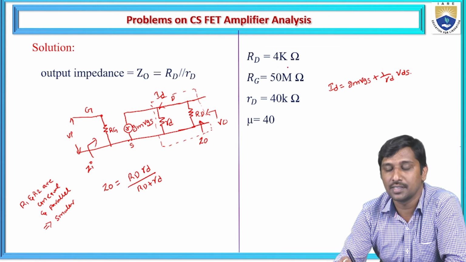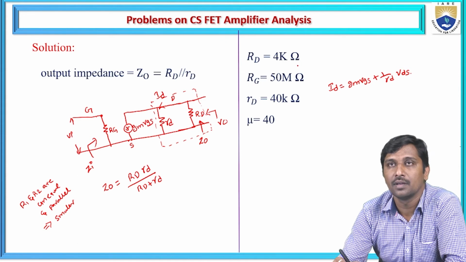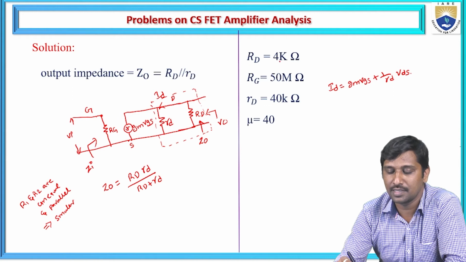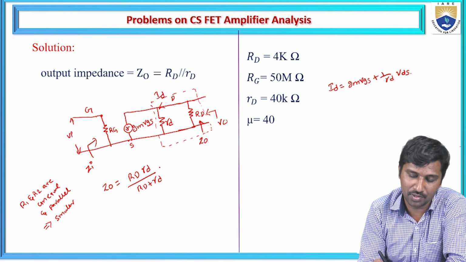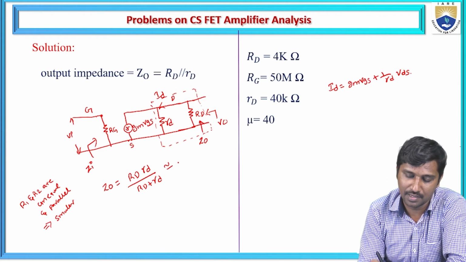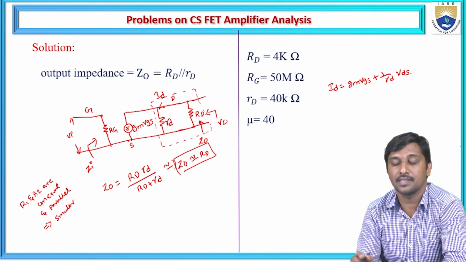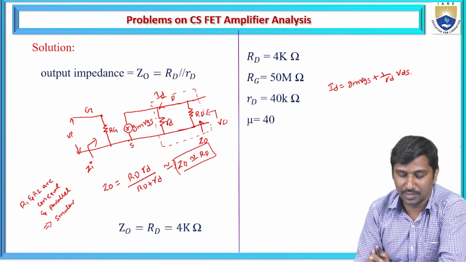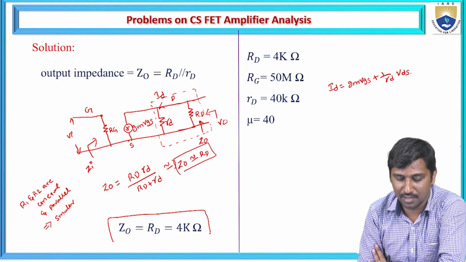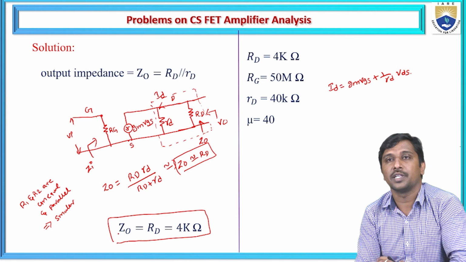Based on this, capital RD is 4 kilo ohms and small rd is 40 kilo ohms. Here the smaller resistance is 4 kilo ohms, hence Z naught from this parallel combination is approximately equal to the external load resistance. Hence Z naught is equal to 4 kilo ohms.